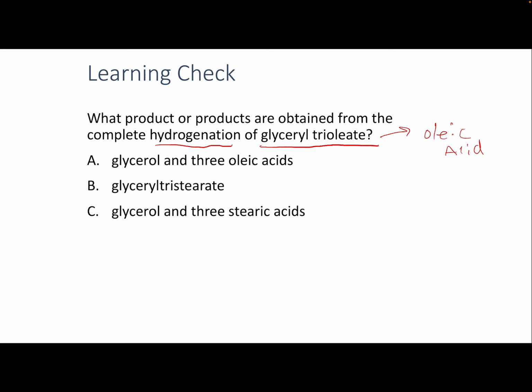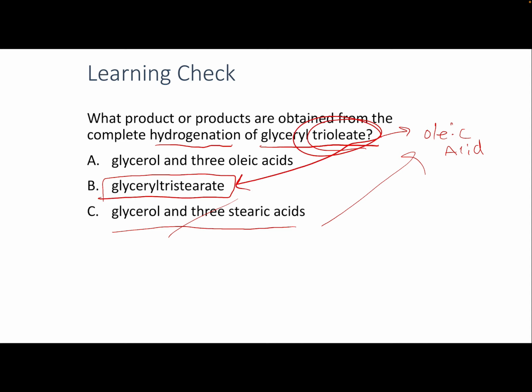If you said glycerol and 3 stearic acids, you're wrong. While stearic acid is the saturated version of oleic acid, there's no hydrolysis happening here. This is just changing the triglyceride from a low melting point to a high melting point state. So glycerol tristearate is what happens when trioleate is reduced.